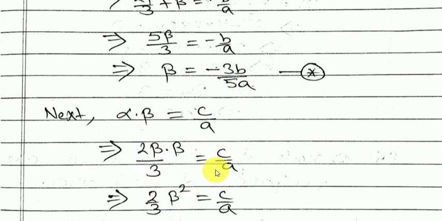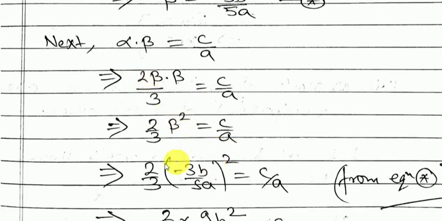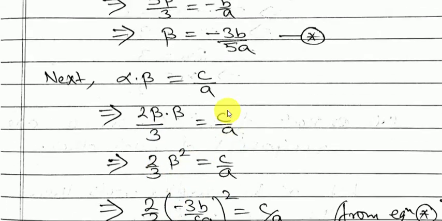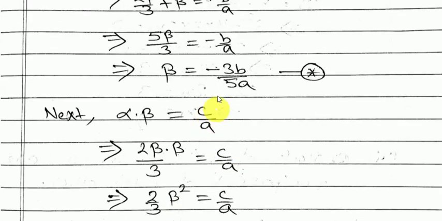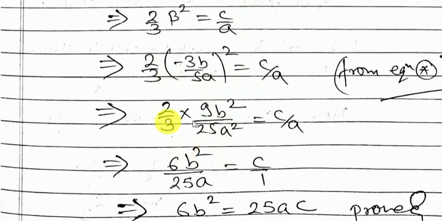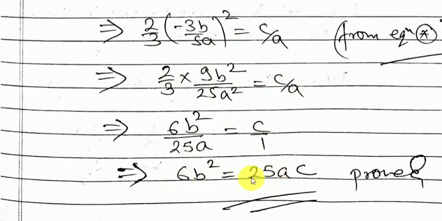Now simplify it and you will get 2 upon 3 beta square is equal to c upon a. And the beta value is minus 3b upon 5a. Put it over here, then simplify it and you will get 6b square equal to 25 ac.